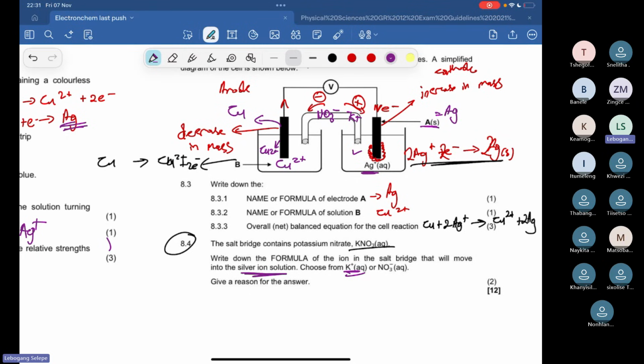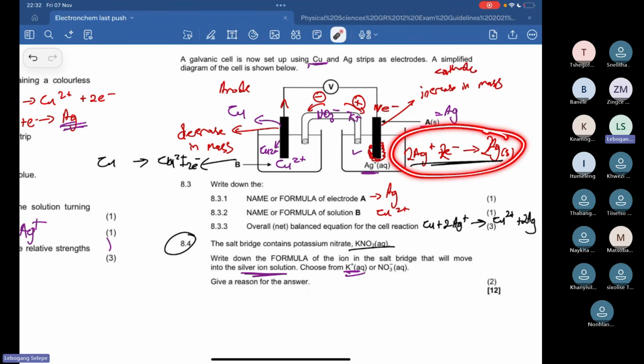Give a reason for your answer. Here you need to explain. Usually they would say use a reaction to motivate your answer. So you would use the half reaction of this side to motivate why these ions in the salt bridge are going here.